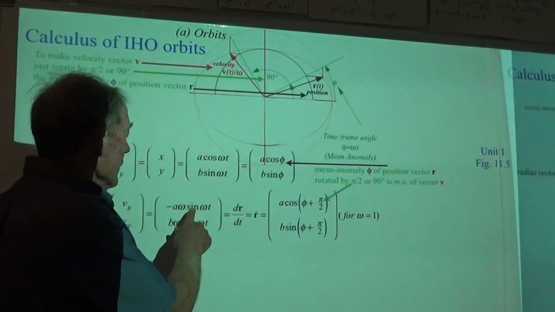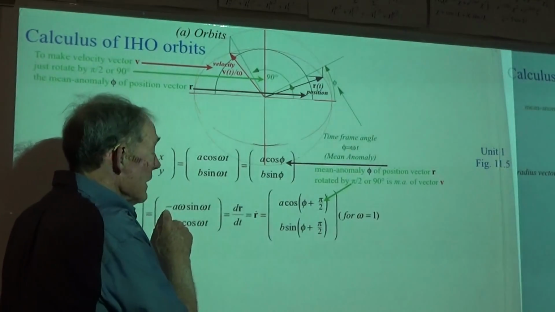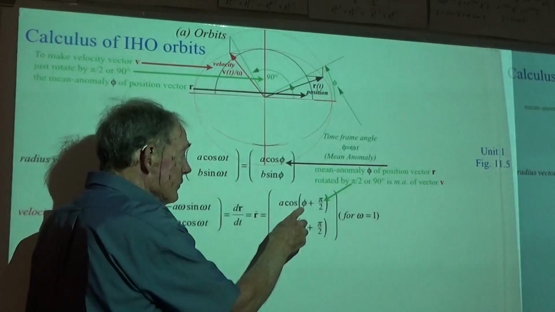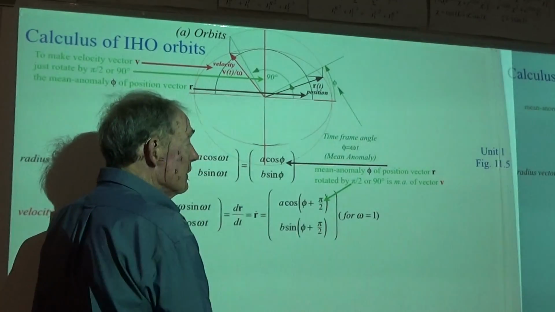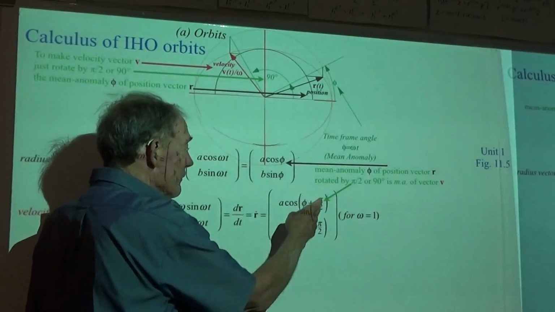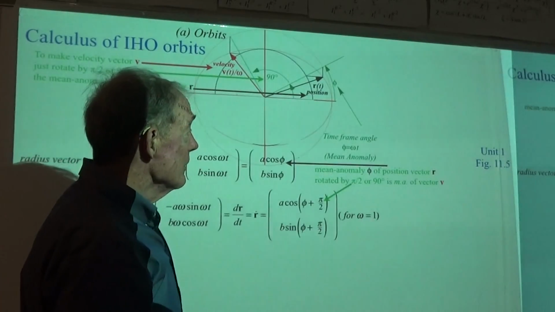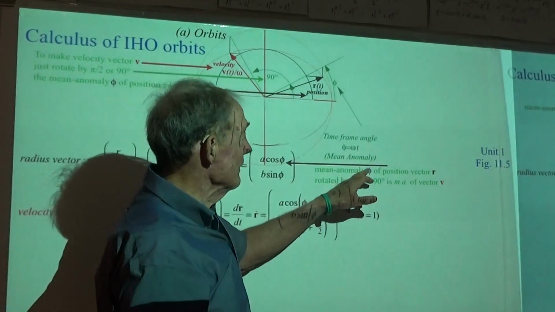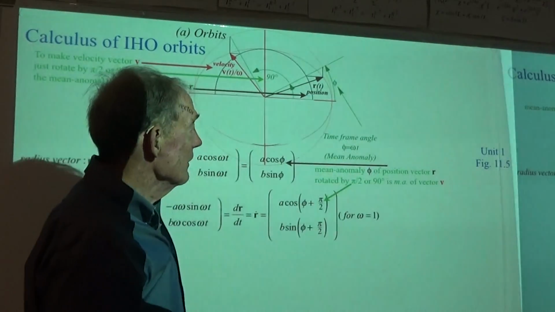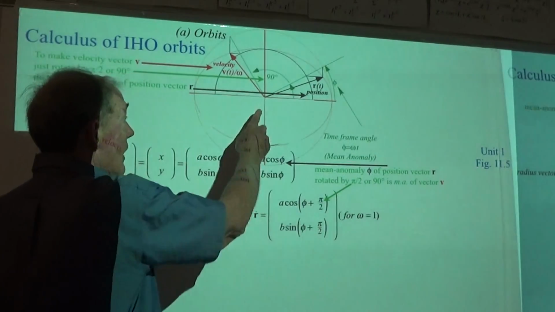So what I get here is a sine of omega t, and it's a minus sine of omega t, so that's the cosine with the phase shifted upward. Same thing for this one. Both of them have the phase shifted up by exactly pi over 2. So the mean anomaly, the phi angle, has been rotated by pi over 2 in order to get me the velocity.